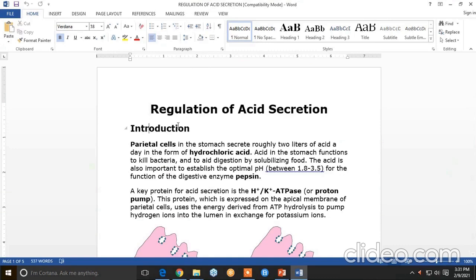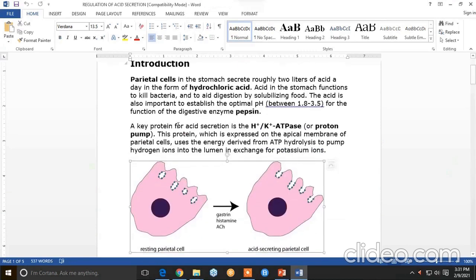A key protein for acid secretion is the hydrogen potassium ATPase, or the proton pump. This protein, which is expressed on the apical membrane of the parietal cell, uses energy derived from ATP hydrolysis to pump hydrogen ions into the lumen in exchange for potassium ions.